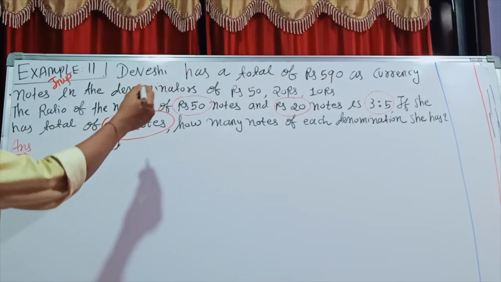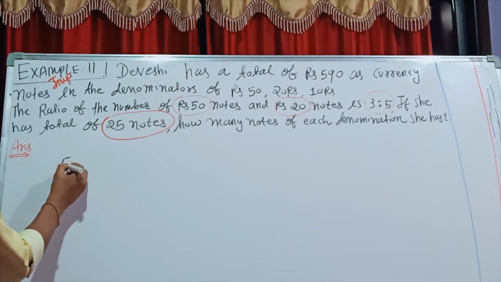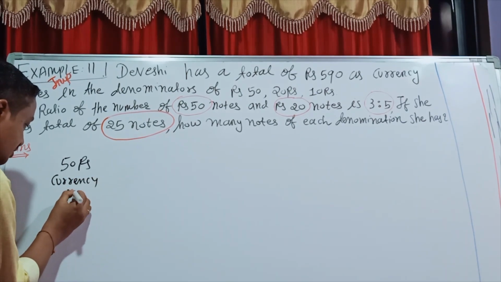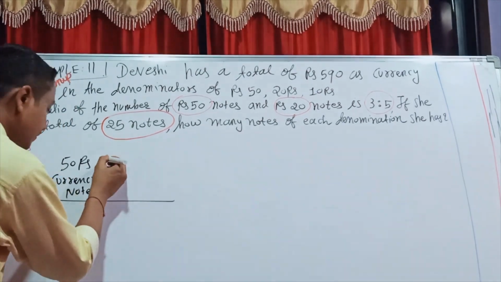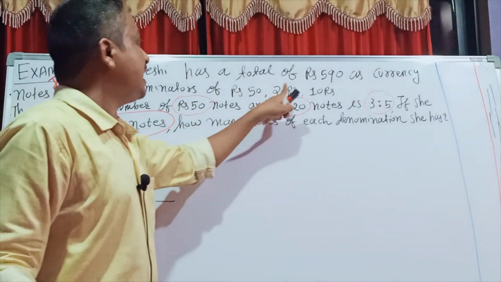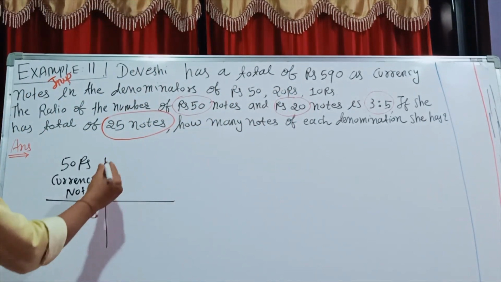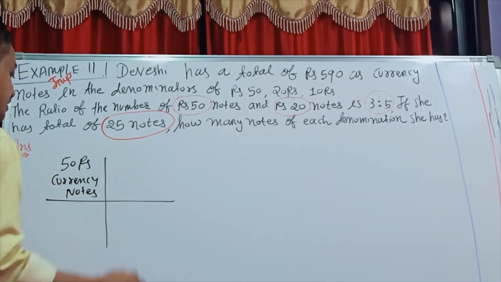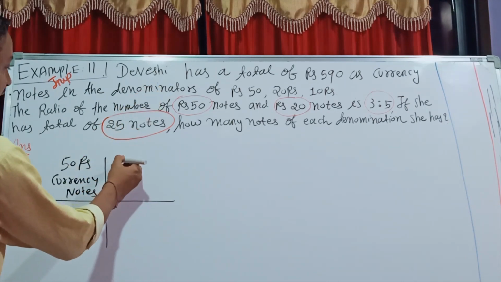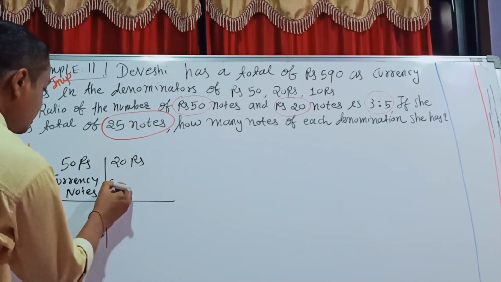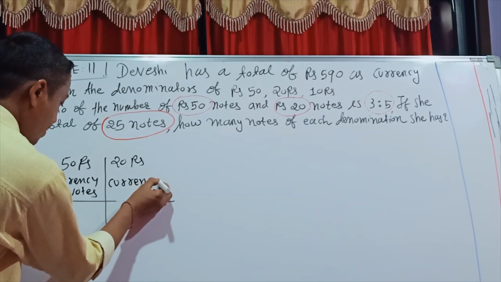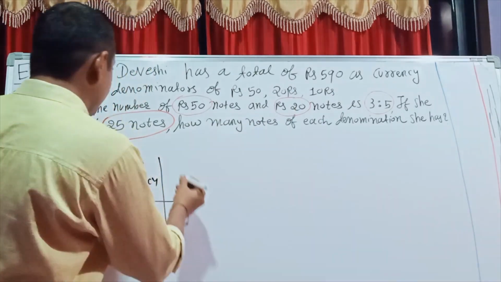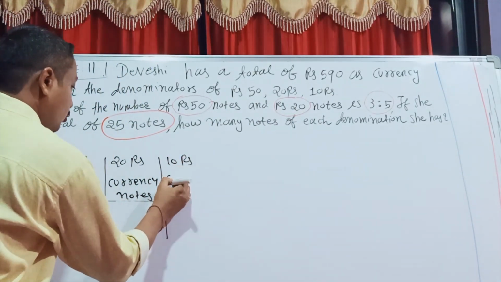First of all, I write 50 rupees currency notes, then 20 rupees currency notes, and one more, 10 rupees currency notes.